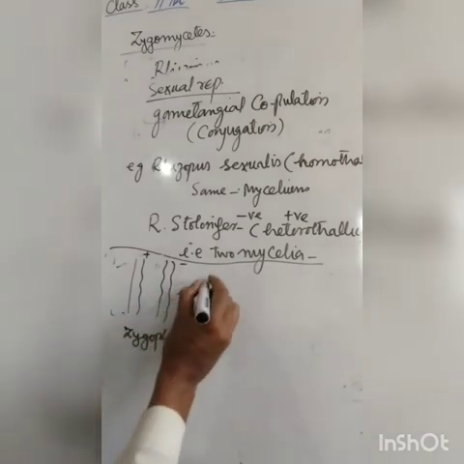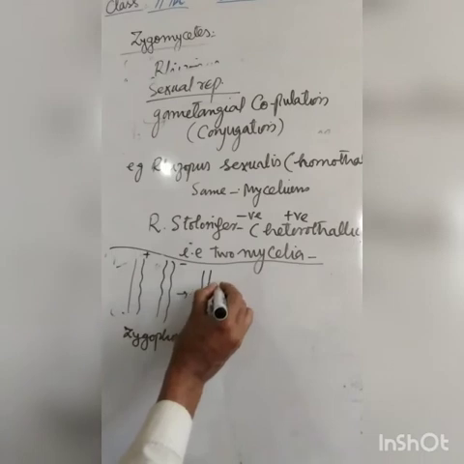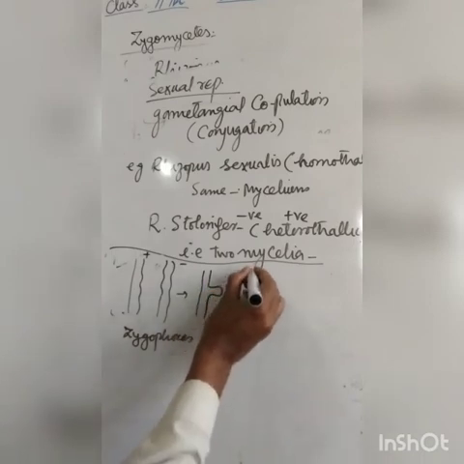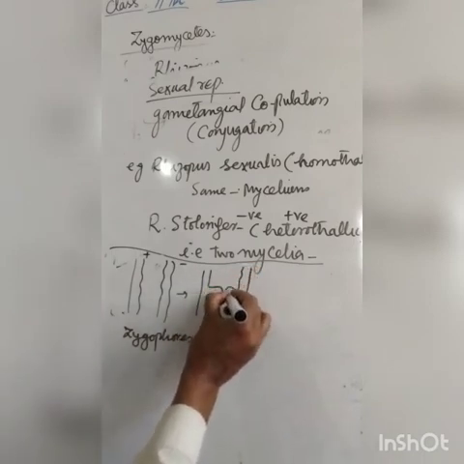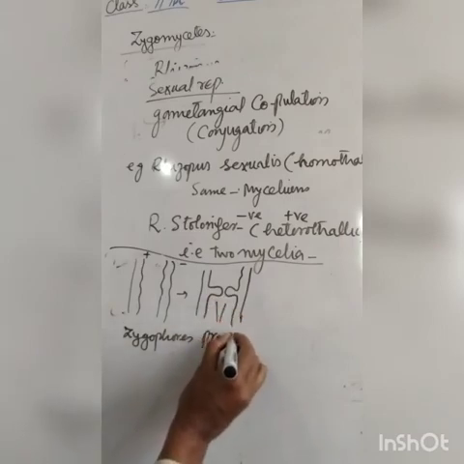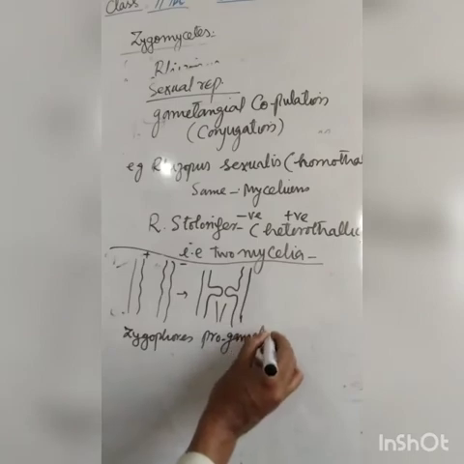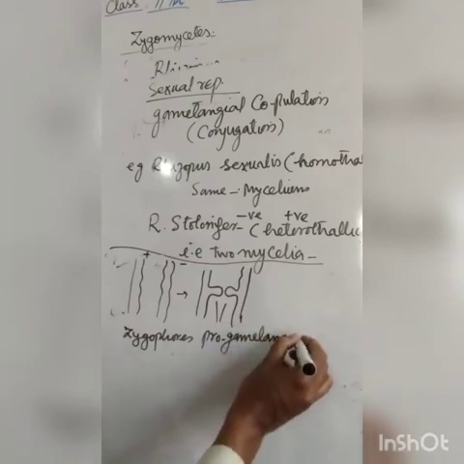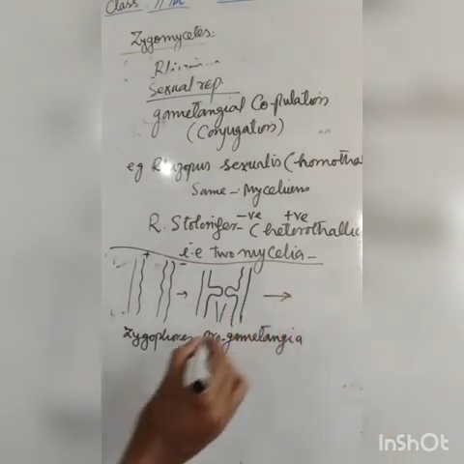Then these hyphae produce structures called progametangia.